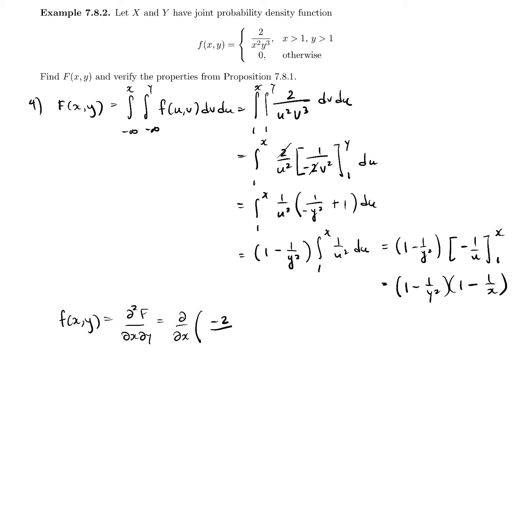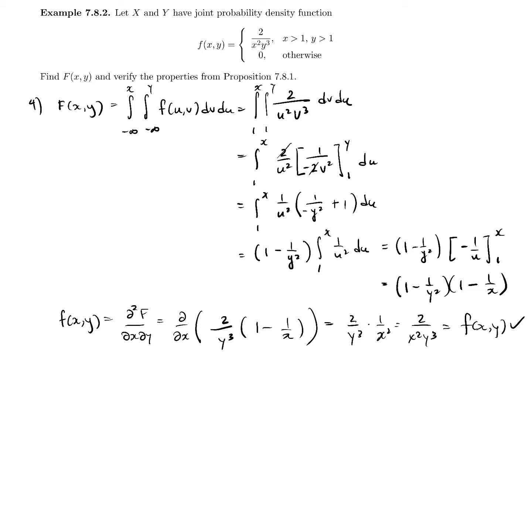That's fortunate. So we'll get 2 over y cubed times 1 minus 1 over x, and we have to take the derivative with respect to x. So we get 2 over y cubed times 1 over x squared, which is 2 over x squared y cubed, which is exactly the density. So that's just the fundamental theorem applied twice.